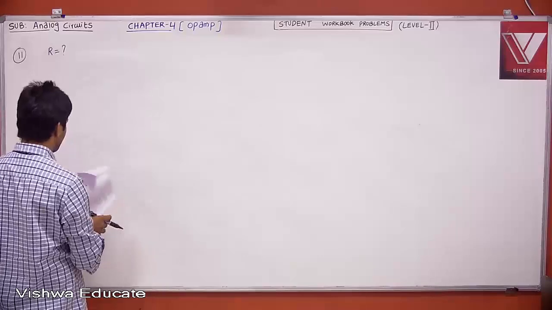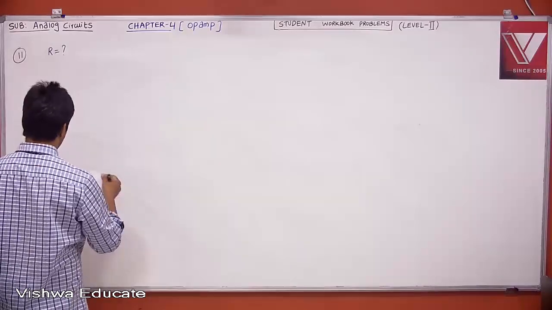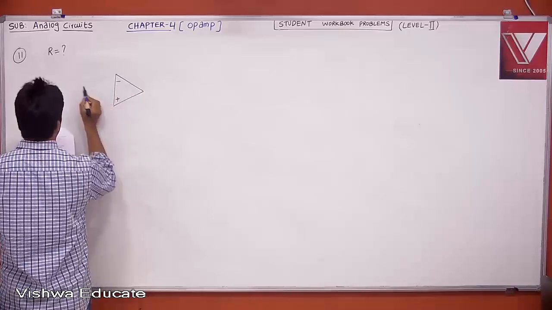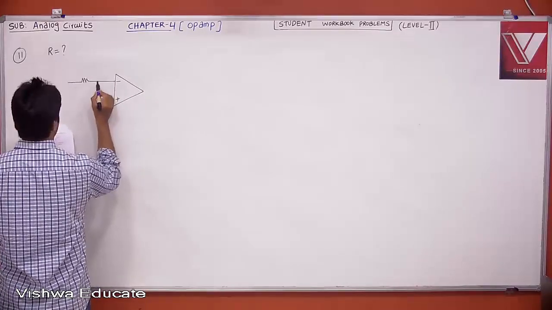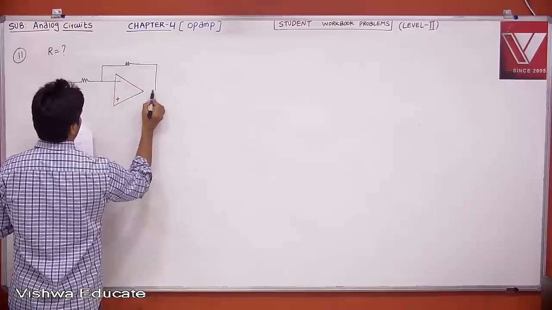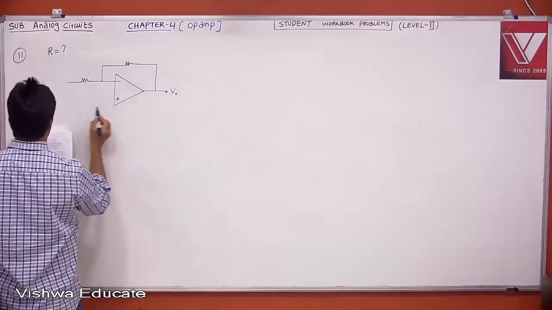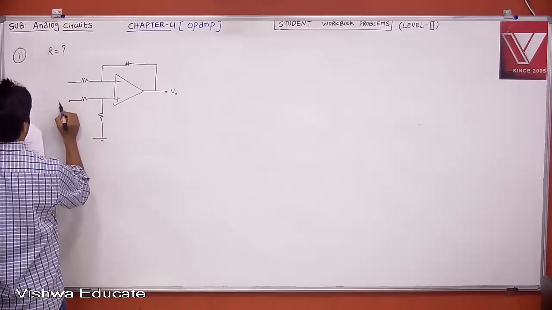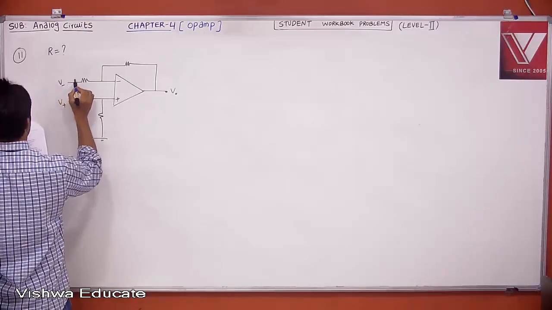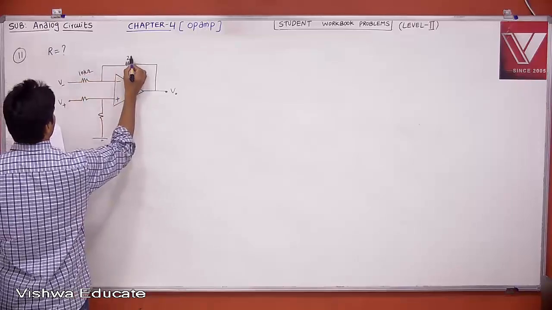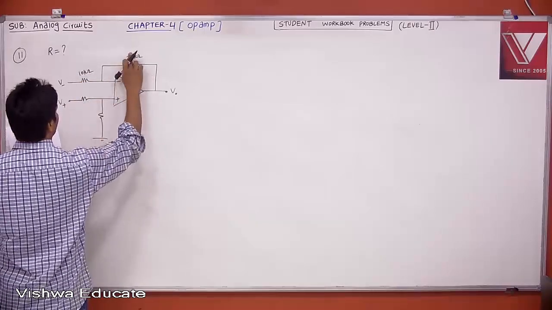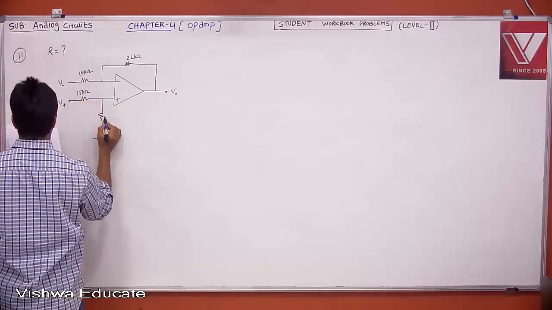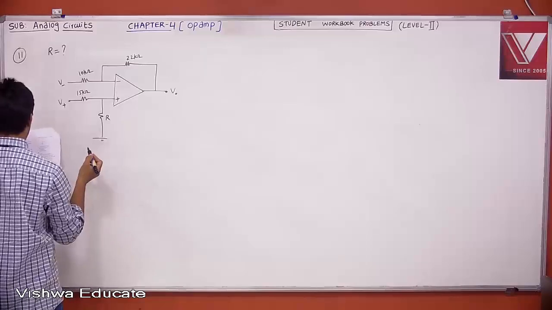Okay, the circuit is: this is V plus, this is V minus, 10K, 20K, 22K, and this is 15K, and this is R.